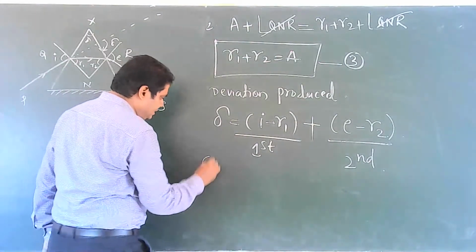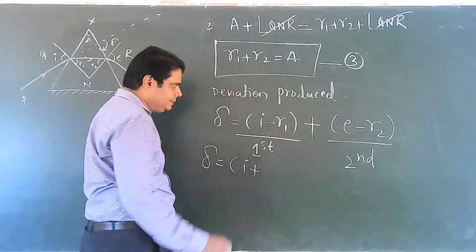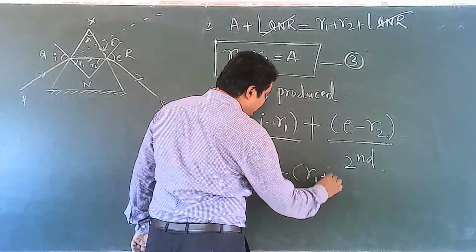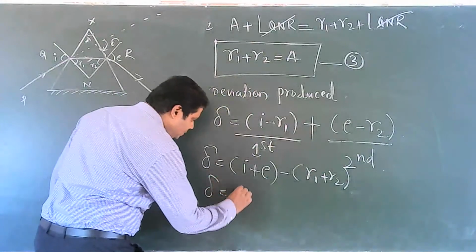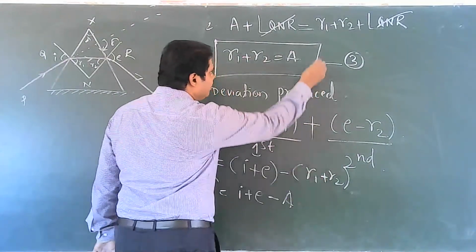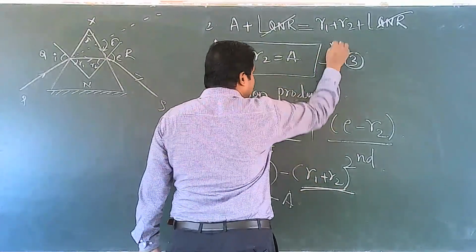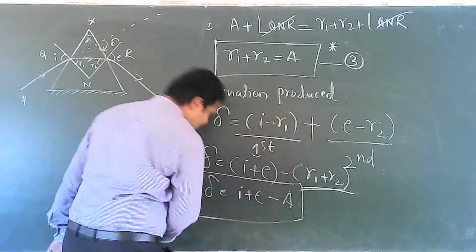Now I can write this equation as delta is equal to I plus E minus R1 plus R2, or delta is equal to I plus E minus A, from equation 3. R1 plus R2 we have already derived, okay, this is equation number 4.